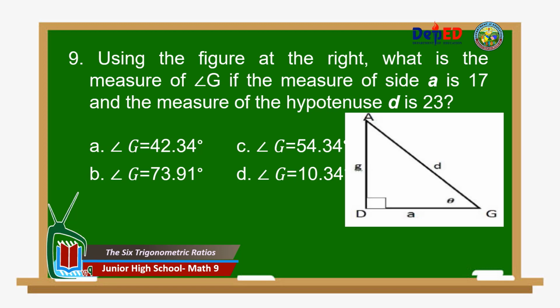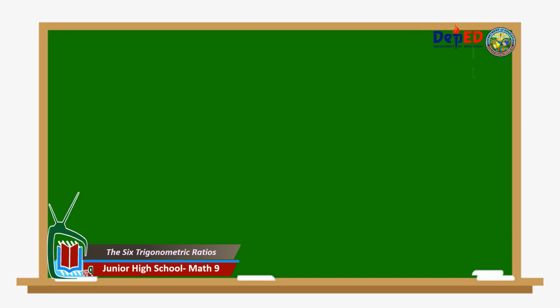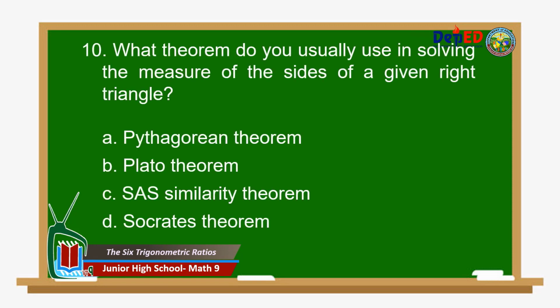And D. Angle G is equal to 10.34 degrees. Number 10. What theorem do you usually use in solving the measure of the sides of a given triangle? A. Pythagorean theorem. B. Plato theorem. C. Similarity theorem. And D. Socrates theorem.